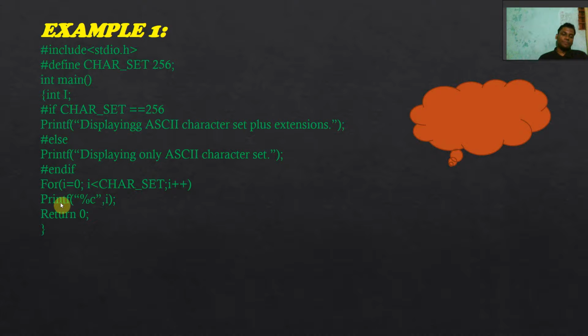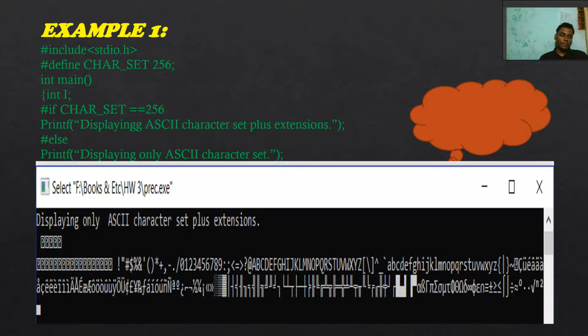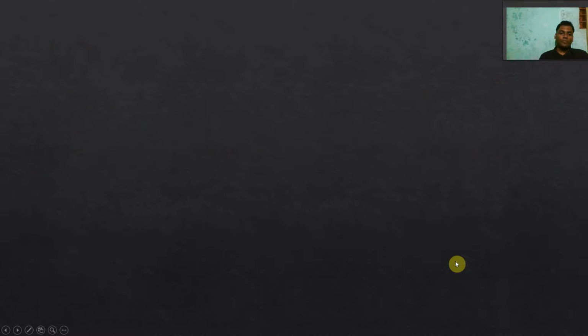If we see the code after compiling and executing, this line has been printed, not the other line, because that line hasn't even been compiled, and there are 256 ASCII characters with some symbols and with some letters like ABCD etc.